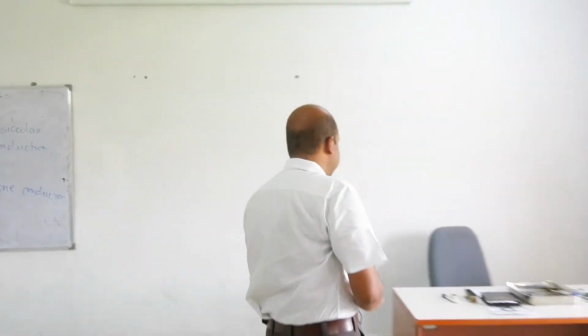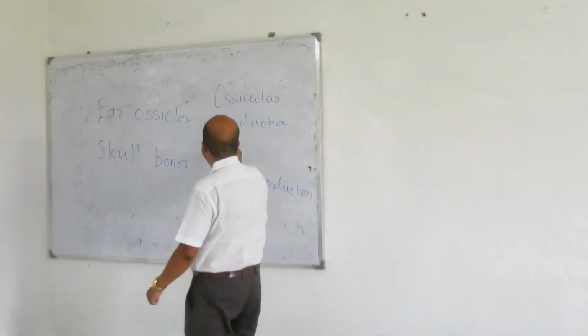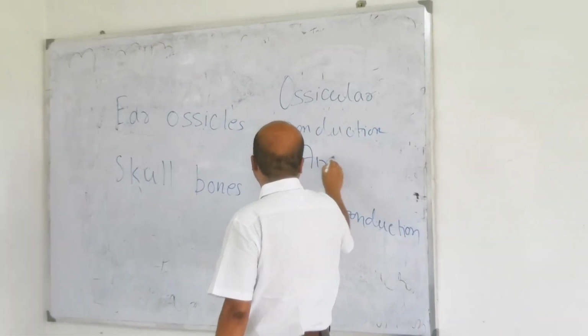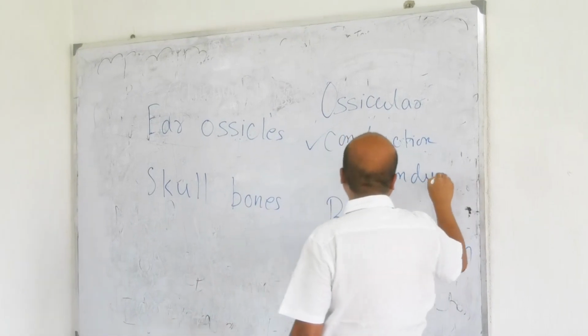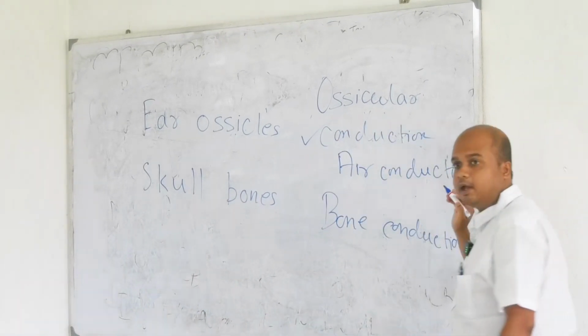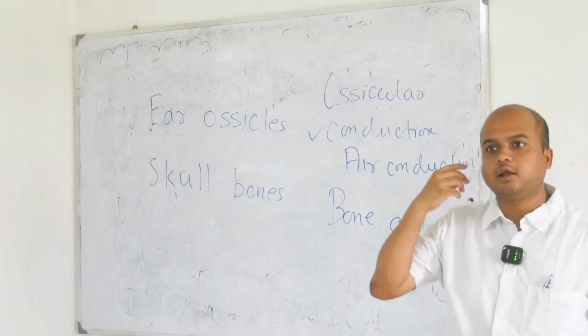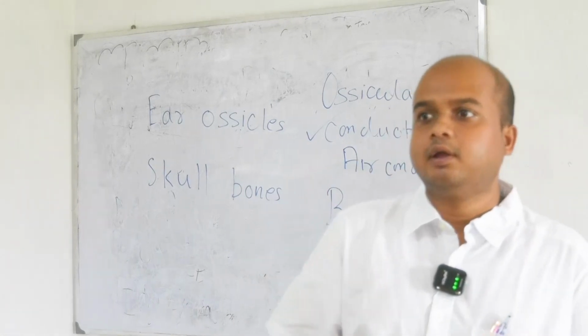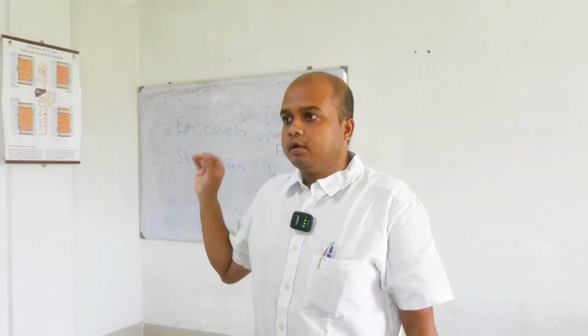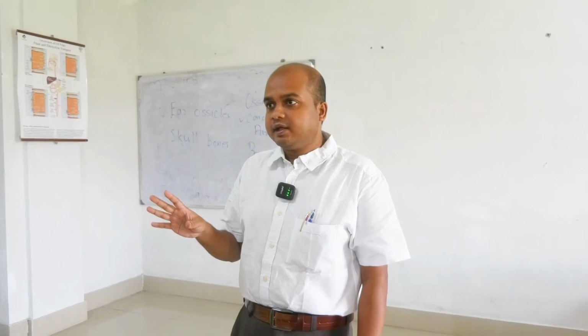It is this ossicular conduction which is commonly, though it is not a very appropriate term, also called air conduction. Like the external auditory meatus, at least in the initial part air is present.